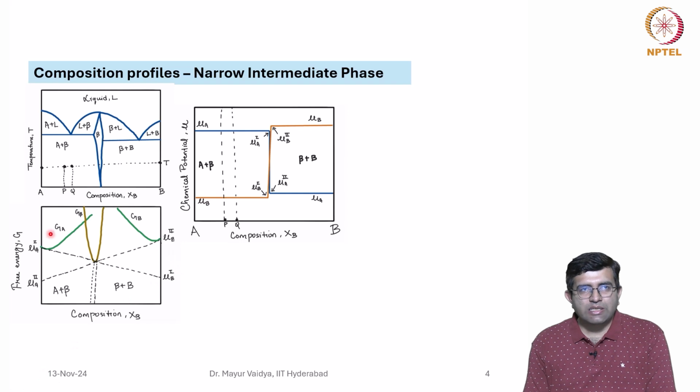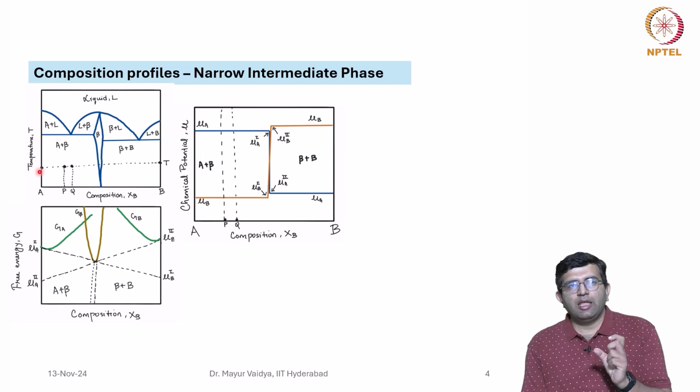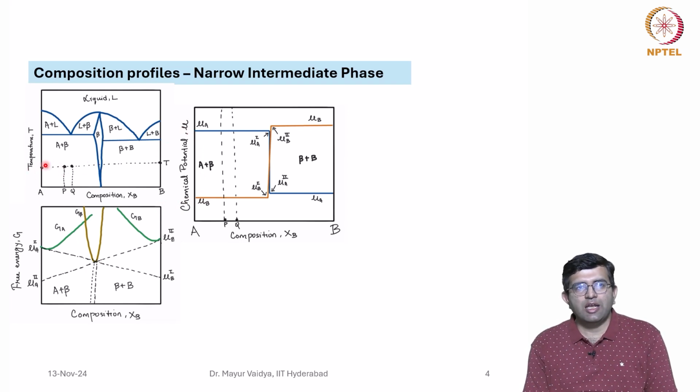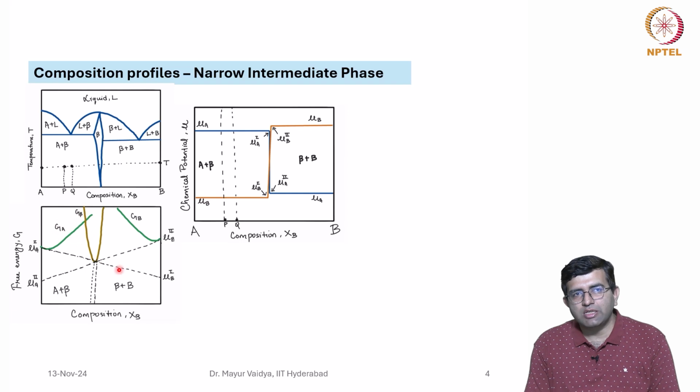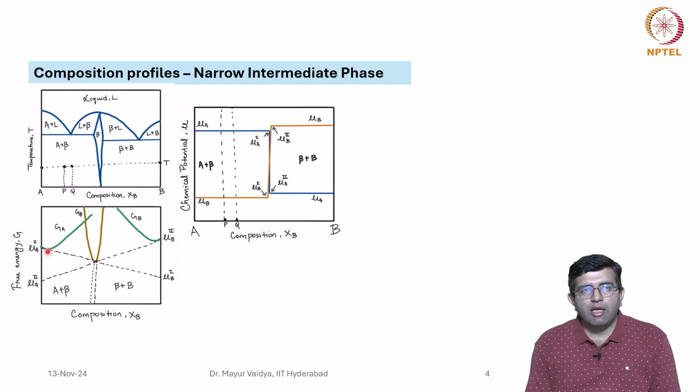Now, if I want to sketch the composition variation of the chemical potential, remember that in this entire two-phase region, you will have only one common tangent between the beta and this A. So, GA and G beta, if you draw a common tangent, in this entire composition range until here, you have one single common tangent, and therefore, in this entire region, the mu B or mu A will remain constant.